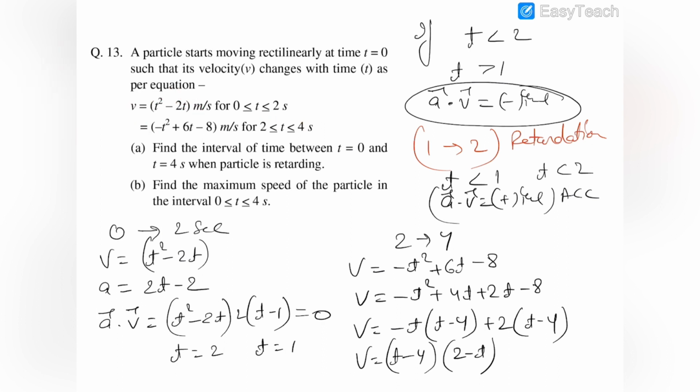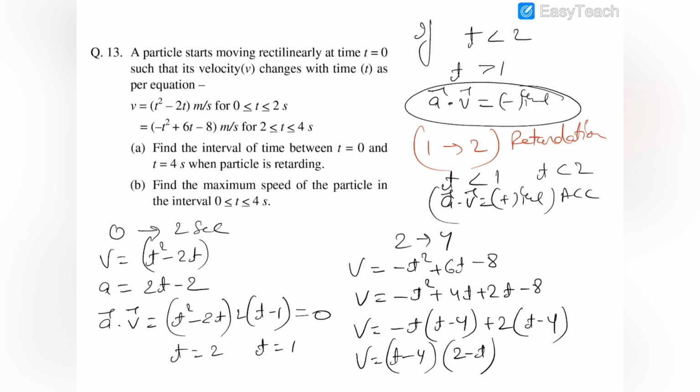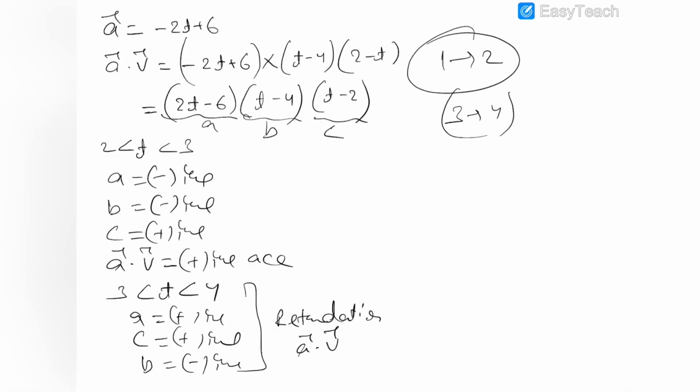In this interval, you can see that the acceleration is 0 at t equal to 3. So at t equal to 3, if you substitute 3 here, this is minus 9 plus 18 minus 8, so this would be plus 1. So speed again is maximum in this interval and it is 1. So the maximum speed in this complete period is 1. So v max is 1. Now we move on to the next question.